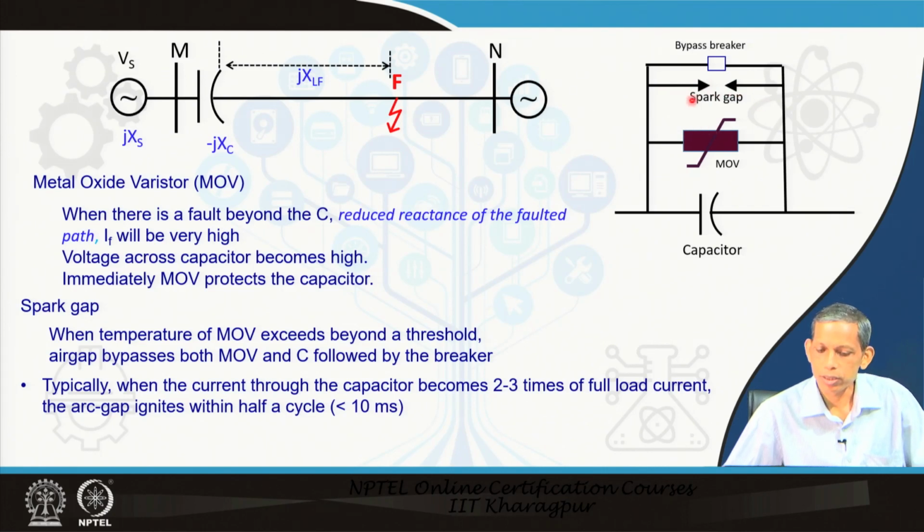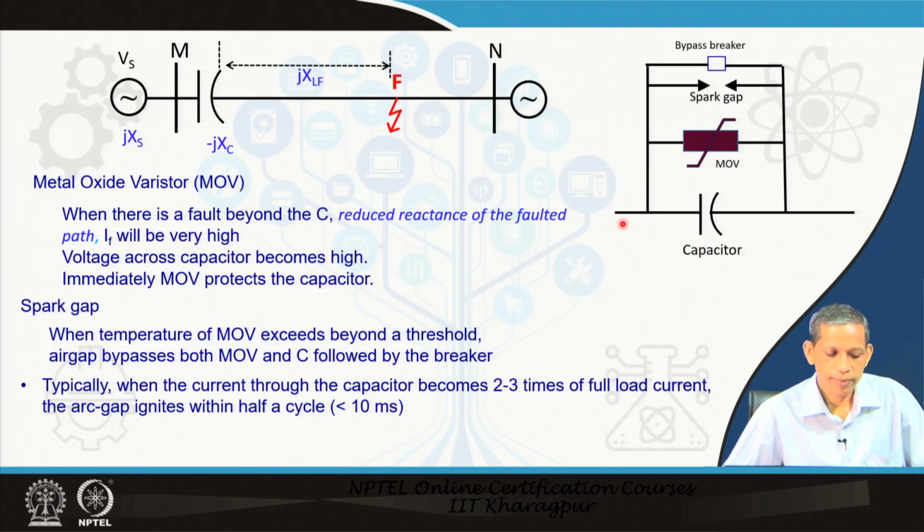So, the spark gap bypasses the MOV and the capacitor, and thereby the voltage across them becomes very negligible. Following that, the bypass breaker operates, and this saves the capacitor from high voltage issues.